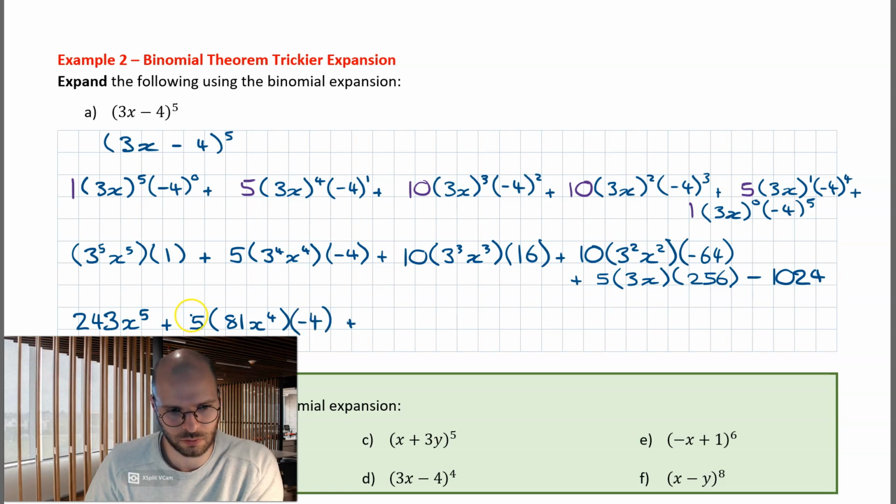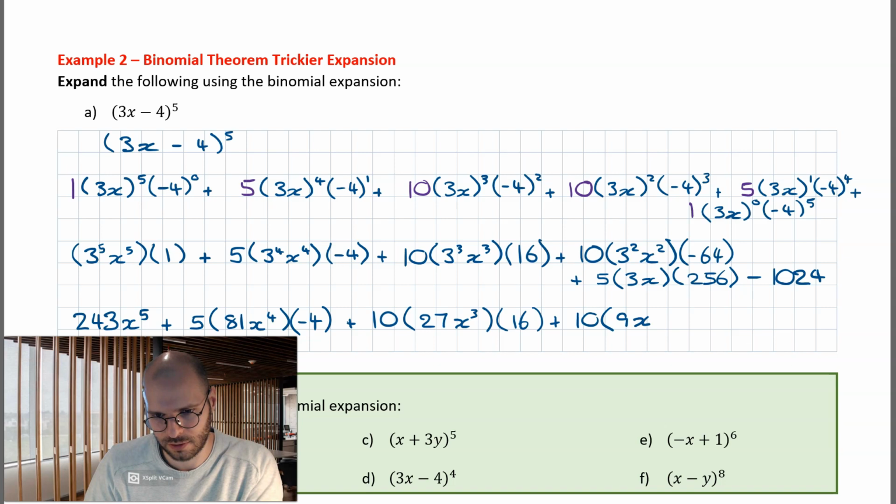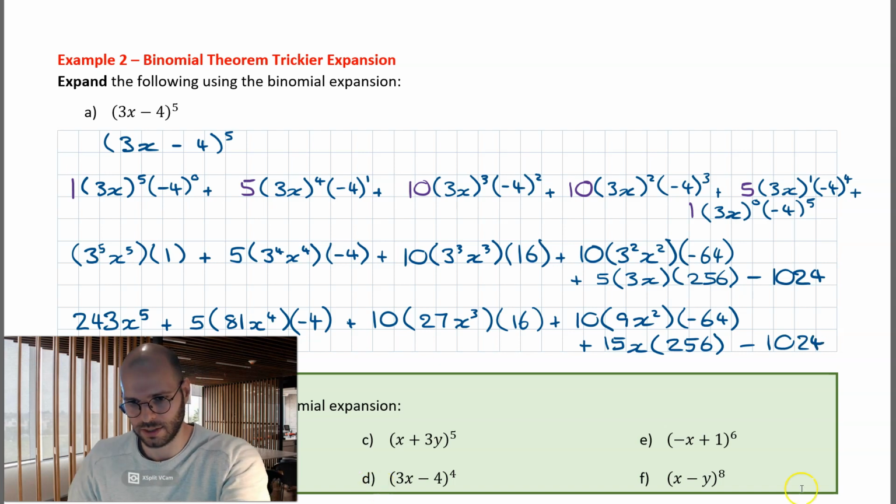Plus, we've got 10. 3 cubed is 27, x cubed, multiplied by the 16, plus 10. 3 squared is 9, x squared, multiplied by a minus 64, plus 5. Well, we can evaluate this one. We can go 15x times 256, and then minus 1024, and I can keep going down.